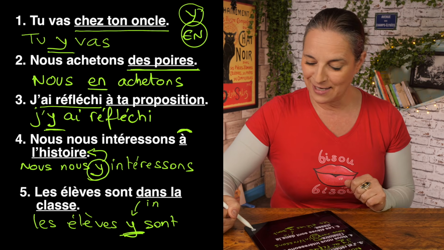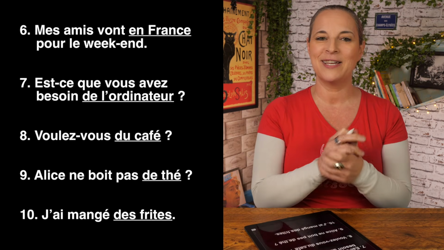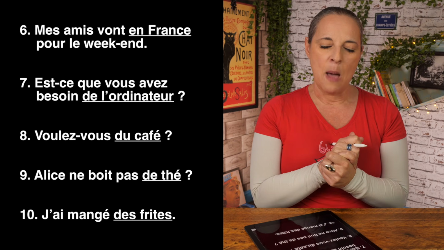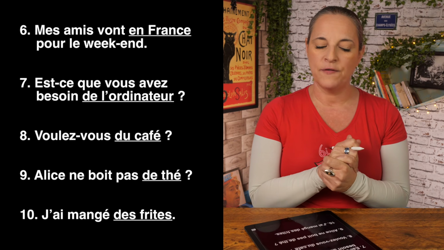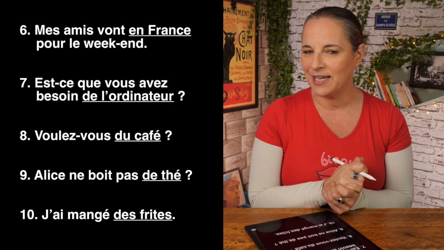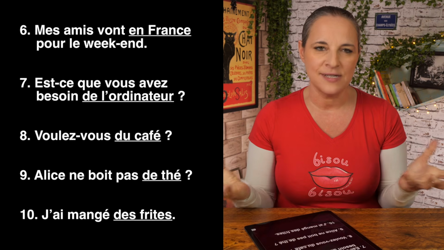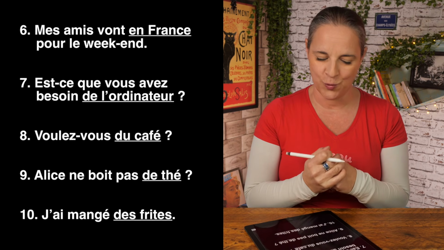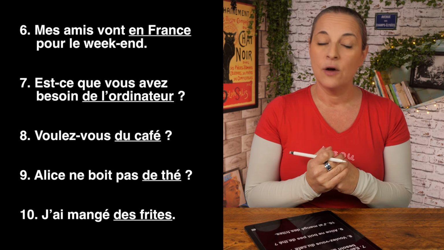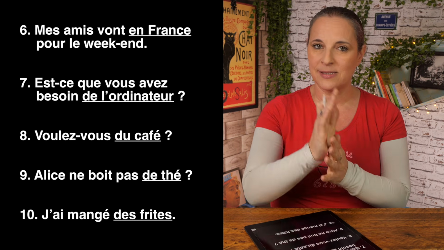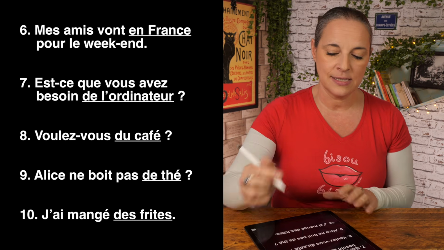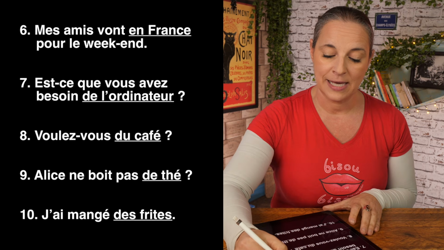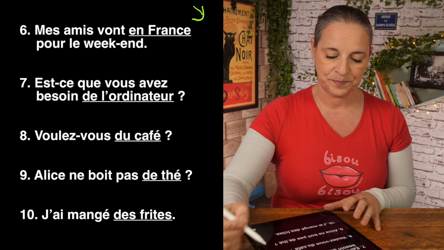Okay, is it getting a bit better here? Okay, let's have a look at the last 5. Mes amis vont en France pour le week-end. Now, the fact that I'm referring to going somewhere, again, is not the quantity, so therefore it has to be y and not en.